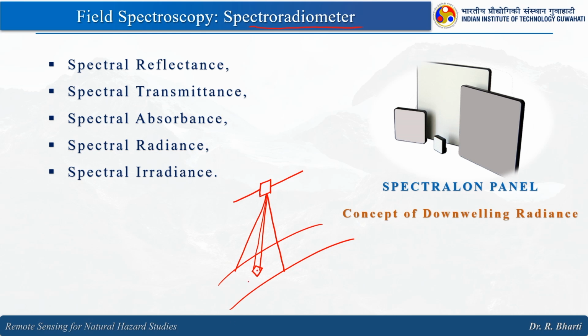So, this pixel when we are measuring from here, it is the reflected energy. So, we measure the radiance. Initially we measure the DN value, then we convert to radiance, and then we should also have irradiance, right.